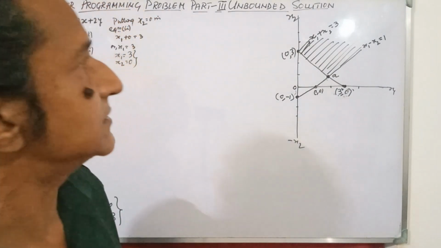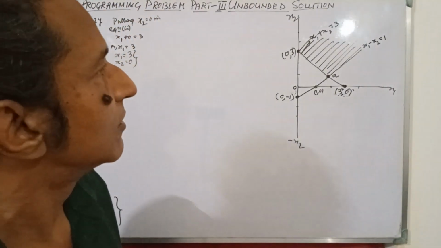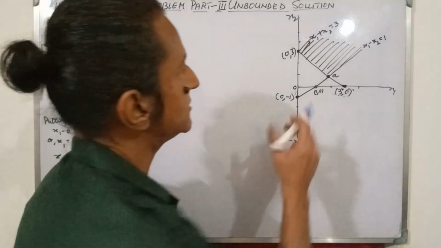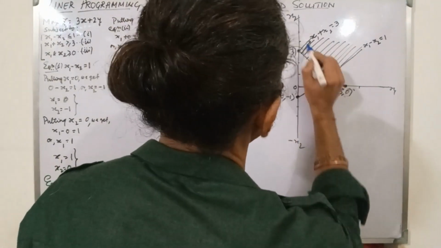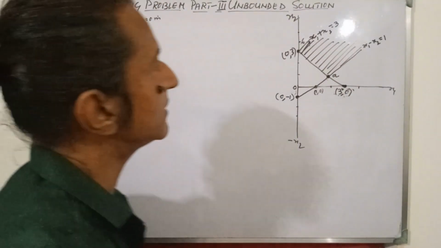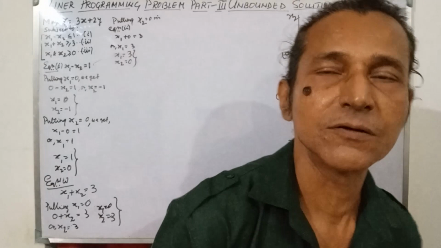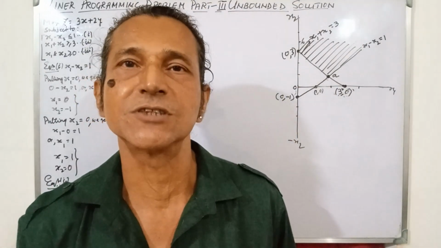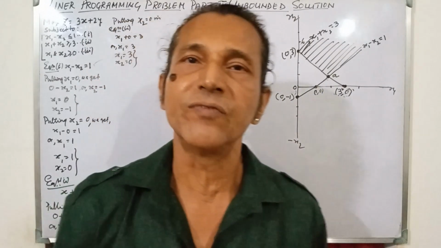Only 2 points on the finite plane are these 2 points, A and let this be B. Only A and B are on the finite plane. The rest of the solution lies on the infinite plane.